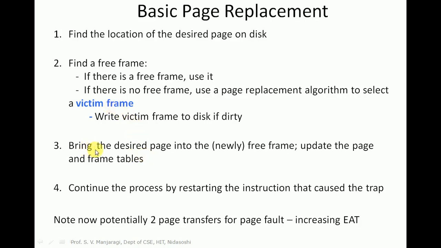Step 3, bring the desired page into the free frame. The new page that is in the disk should be brought to the free frame, and update the page tables. Actually, in the page table its entry will be marked as invalid and there is no frame allocated to it because there were no frames available. That we can observe here.